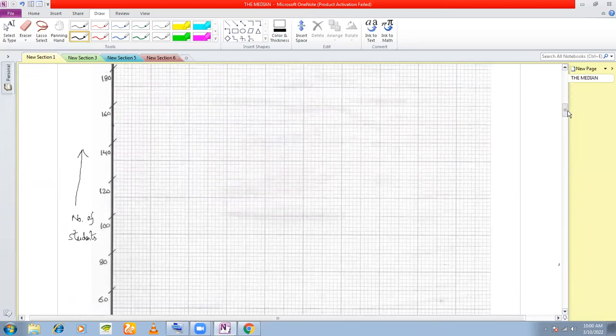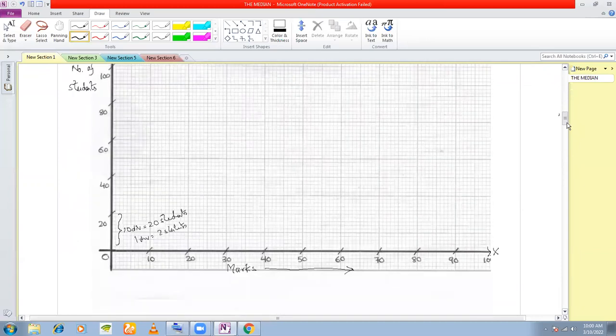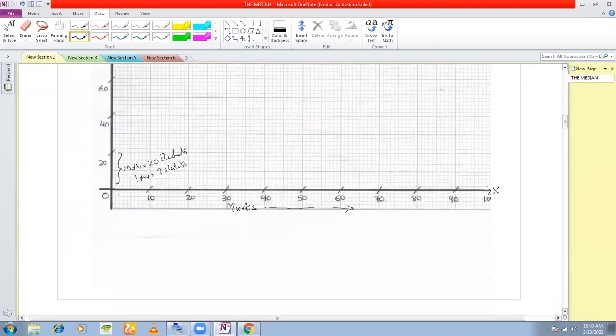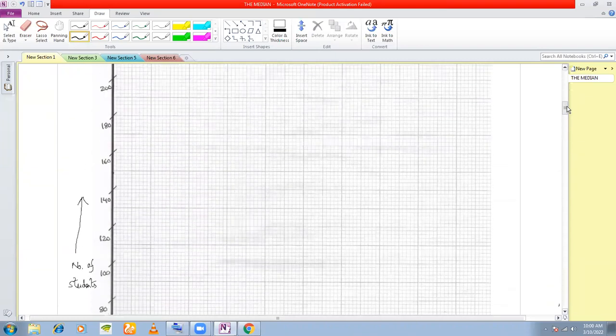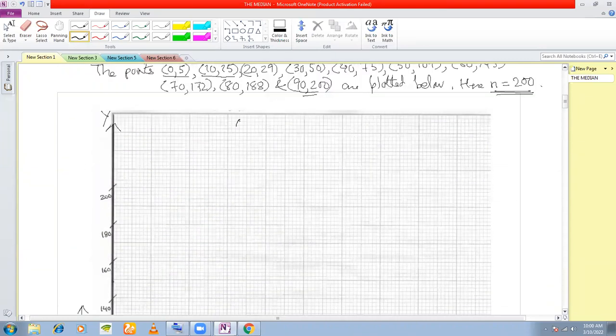So along, this is the y-axis. Now let's see the x-axis first. Here you see there are 10 divisions. And this is equal to how many marks we have taken? 10 marks, right? So 1 division must be equal to 1 mark. So we'll write here the scale. Along x-axis, 1 smallest division is equal to 1 mark.